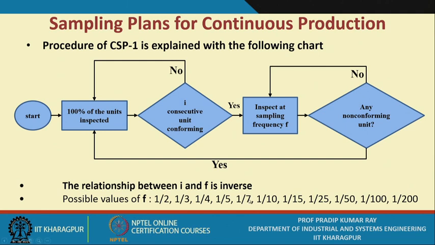Okay, so 1/7, 1/10, 1/15, and it may go even to 1/200. That means, maybe the i value you have considered is, say, 5,000. So if all the 5,000 consecutive units are found conforming, obviously the sampling frequency could be very, very low.